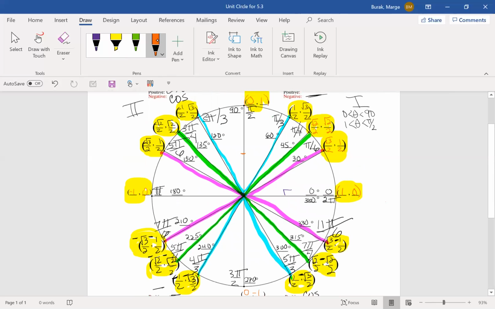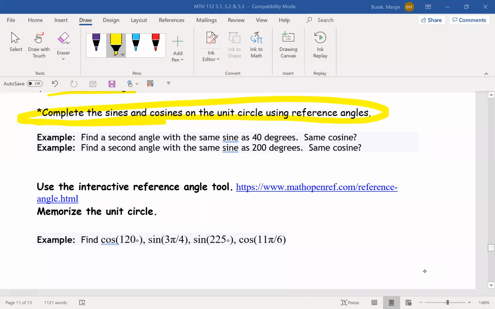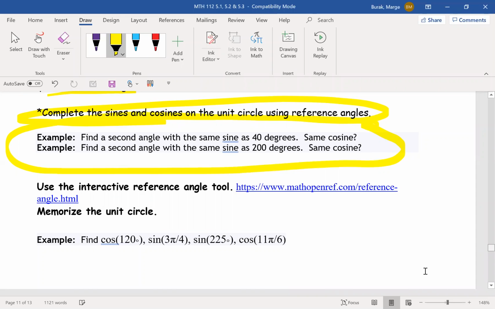And what I'd like to do is go back to your handout, where we want to be able to find some problems like this. Find a second angle with the same sine as 40 degrees and the same cosine as 40 degrees. Then find a second angle with the same sine as 200 degrees and the same cosine.